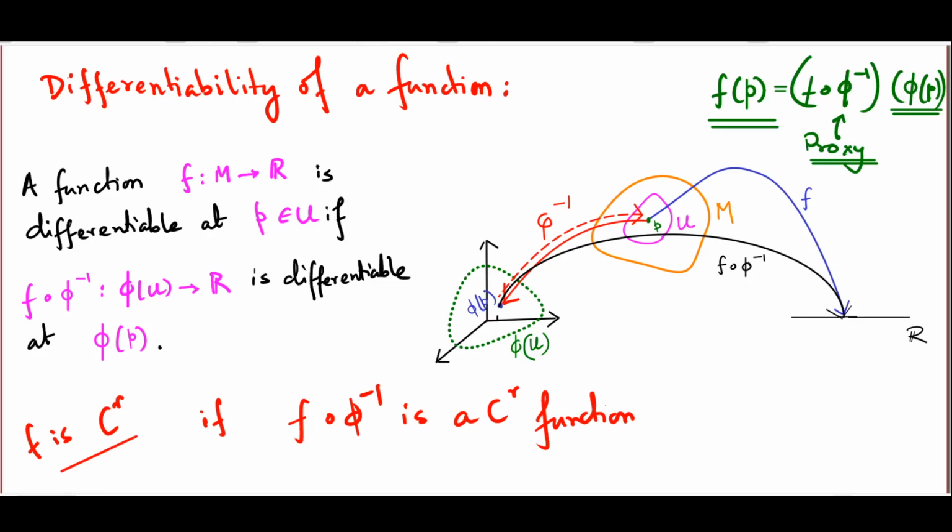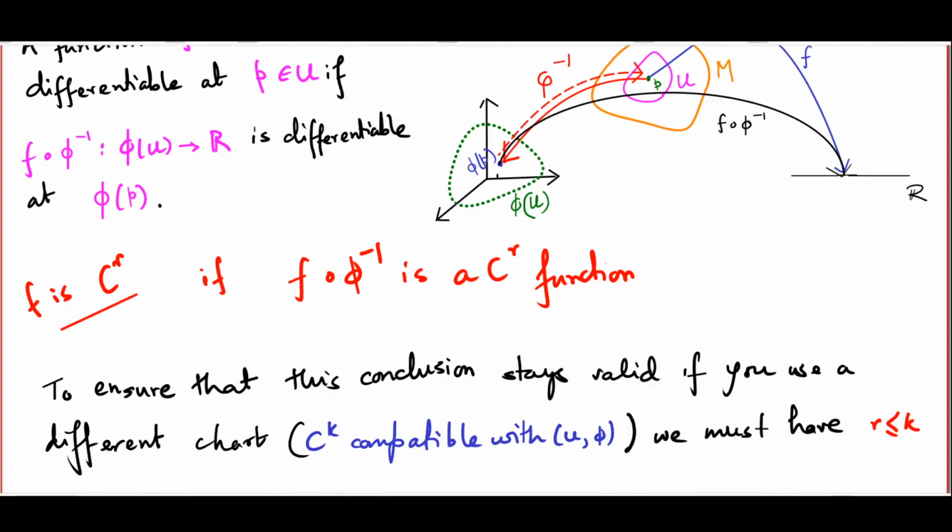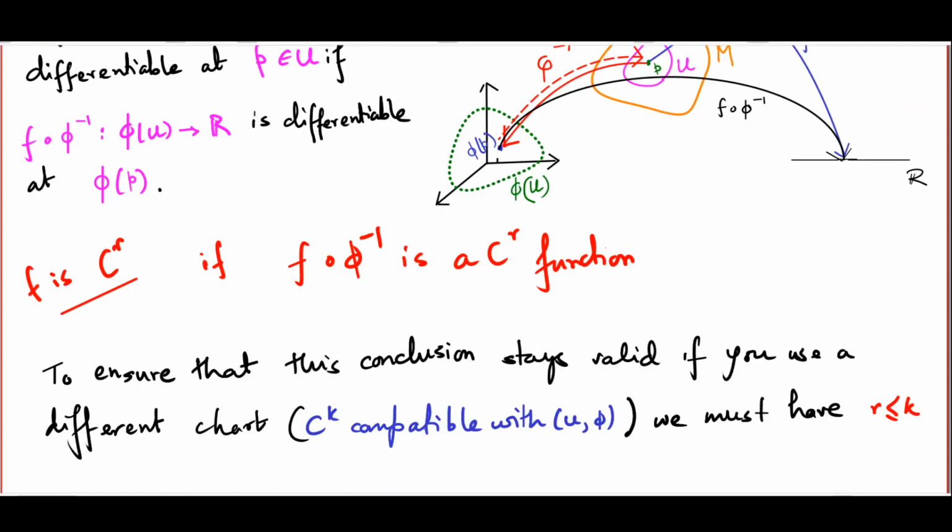In order that this conclusion that f is a C^R function be independent of which particular chart we choose, we must have the condition that R is less than or equal to K. So on a C^K manifold, which is equipped with charts whose domains cover the entire set, and where the charts are pairwise C^K compatible, we can only talk of differentiability up to order K. Talking about differentiability of an order more than K does not really make sense, because conclusions about that will be valid, if at all, only in certain charts and may be violated in other charts.